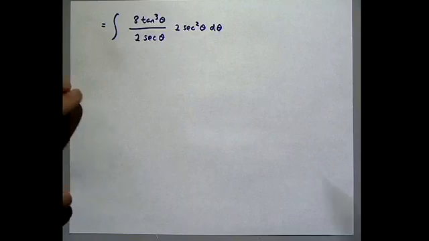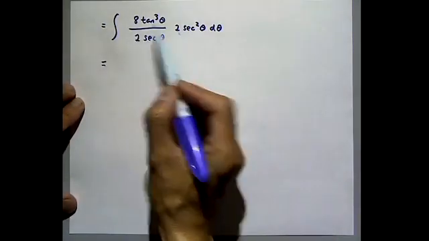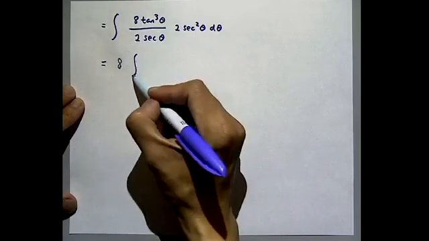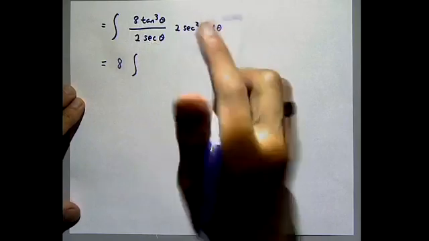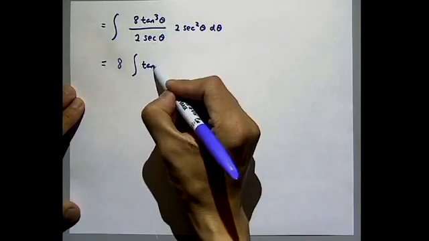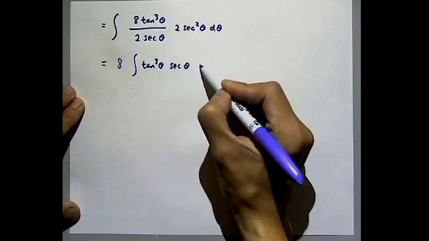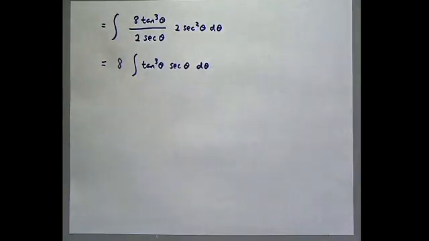So let's see, 2 and 2 cancel. Here's an 8, let's bring it out of the integral. This cancels one of those secant factors. So we get 8 times the integral of the cube of tangent theta times secant theta.